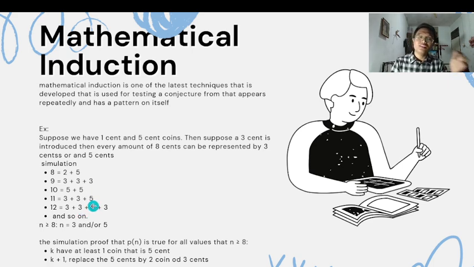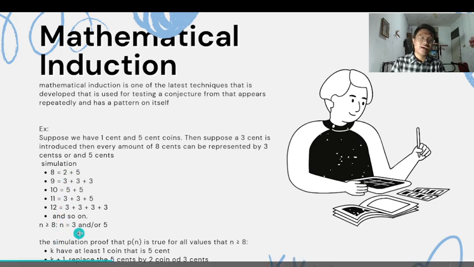Here we can notice a pattern. In the k, there is 3 added by 5, but after k plus 1 comes, 5 will be replaced as 3 added by 3. We can notice it as a pattern here, and I added it as a note at the bottom.